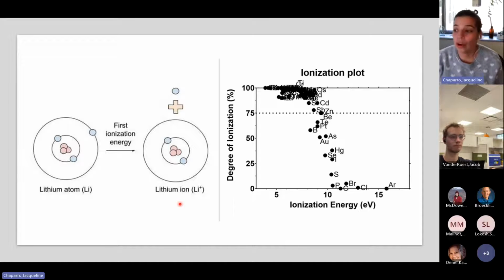With respect to ICP-MS and the argon plasma, you are getting cations, mostly cations. And one of the other reasons why argon is important and is an ideal gas for ICP-MS is because of its first ionization potential.